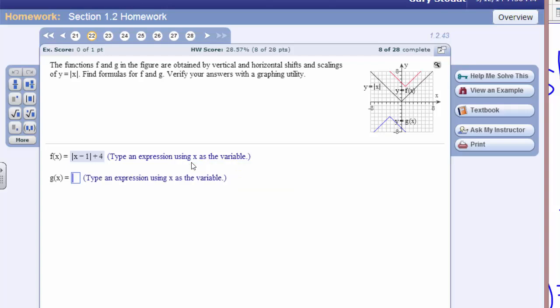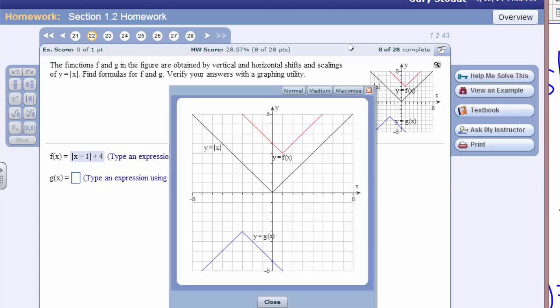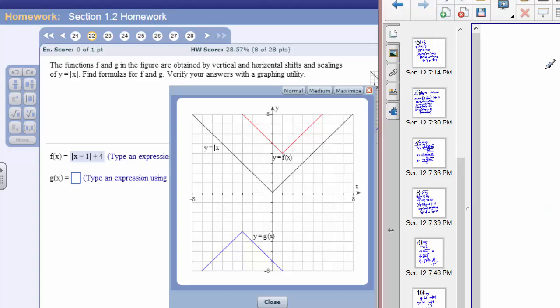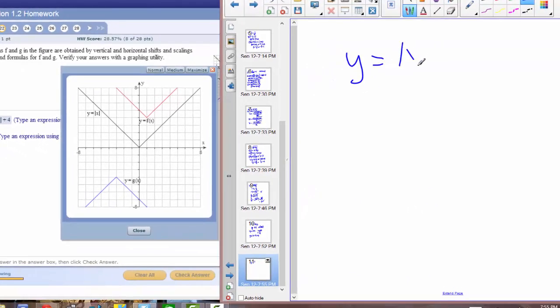Okay. Then it moves us on to G, so you'll notice G is in blue, it looks like. And again, let's get a better look by clicking on the zoom button. So you'll notice for that one, let's get a fresh page here. So we started with y equals the absolute value of x, and it looks like we did a couple things here.